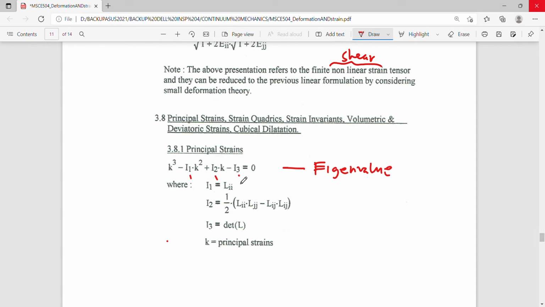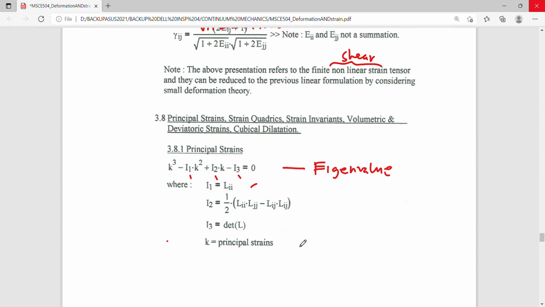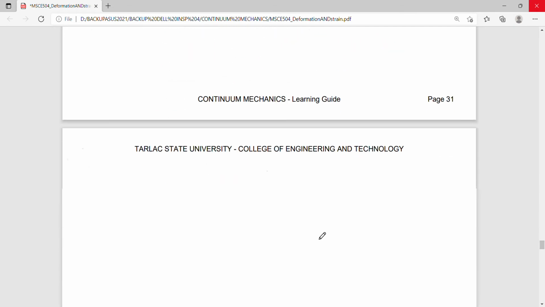Okay, so I1, I2, and I3 are the invariants equivalent to Lii, or simply the trace, and this is the 1/2 of the Lii Ljj minus Lij Lij, and the determinant of L. Okay, so if you have an Eulerian, you just change this to letter E. Okay, so there's no problem with changing your strain on the aspect from where it is derived, no? So from what particular description it was derived.